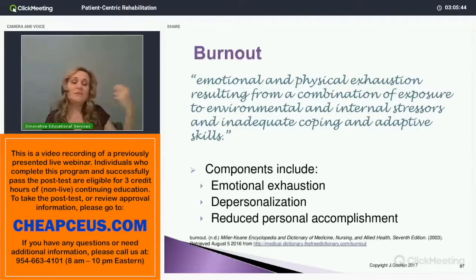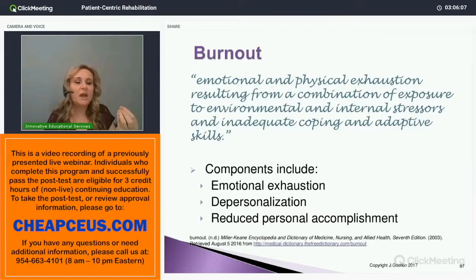If individuals leave the profession, who's left to mentor the next generation? Who you're left with are a cohort that are still trying to figure it out. That's what happens to all of us when we're new graduates, or if you transition to a new setting, or you left the profession for a little and you're coming back, or maybe your load increased and the patients are just more complex.